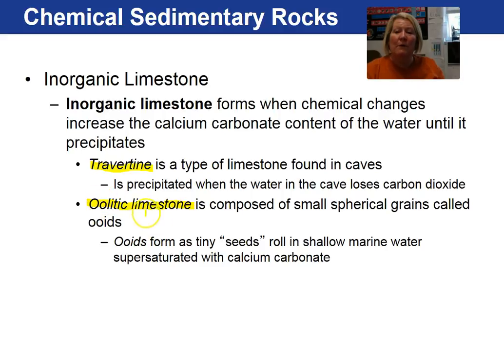Oolitic limestone forms in calcium carbonate rich waters, supersaturated in fact, and the ooids are tumbled in this calcium carbonate rich water, and layer after layer of calcium carbonate gets coated, and so you have these small little seeds. So the interpretation for the oolitic limestone is a high energy environment with calcium carbonate saturated waters.